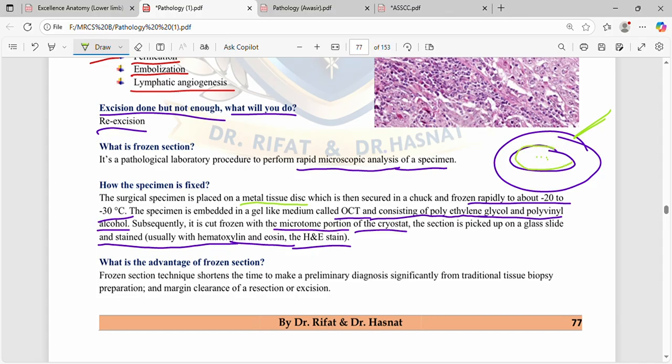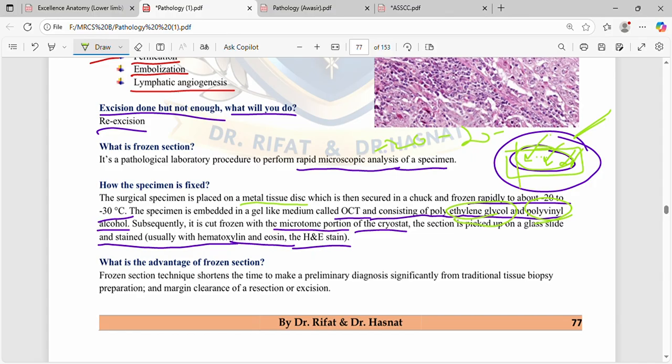You put the tissue on the disc, freeze it at such a low temperature, and then put the medium on it. This gives you a tough, frozen structure.